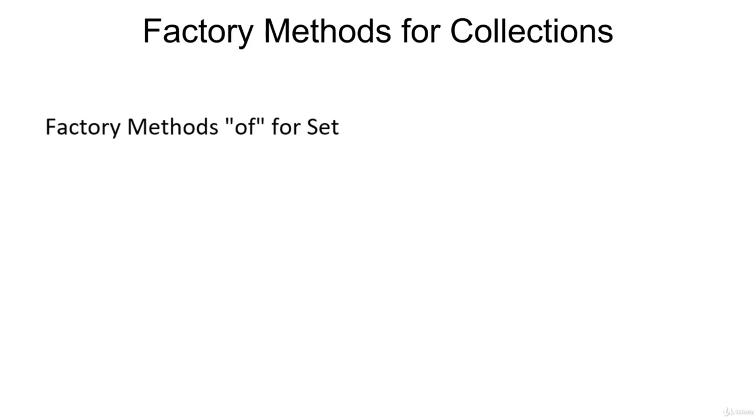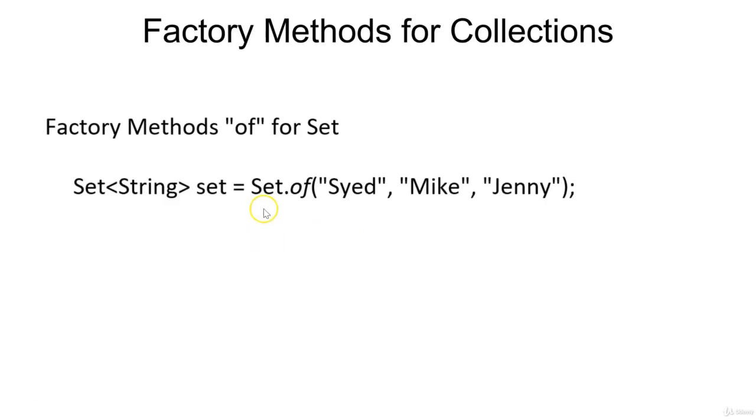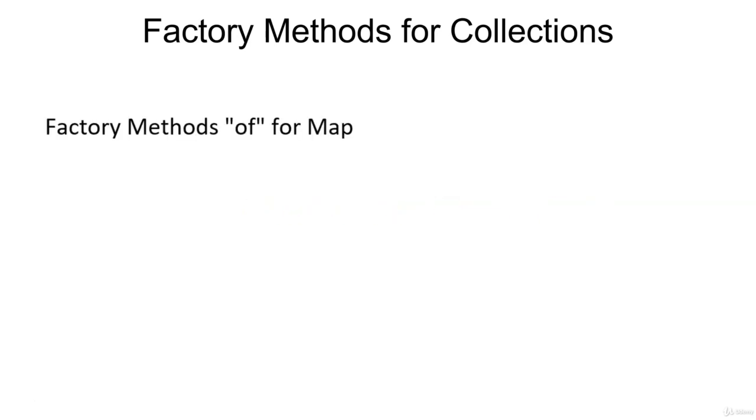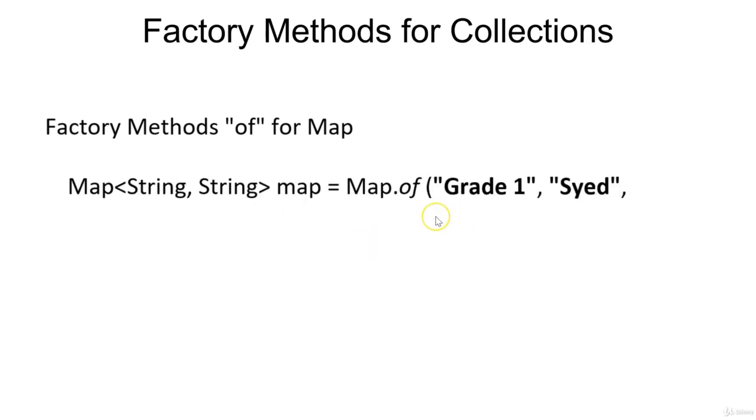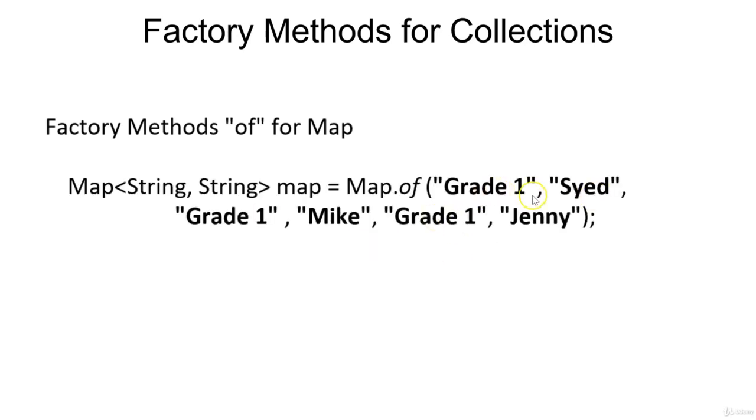The factory method of for set is, you can call Set.of Syed, Mike and Jenny, and it will create a set of unmodifiable elements of names. And the factory method of for map is, you call Map.of and then a key value pair. So grade 1, Syed, key is grade 1 and value is Syed.